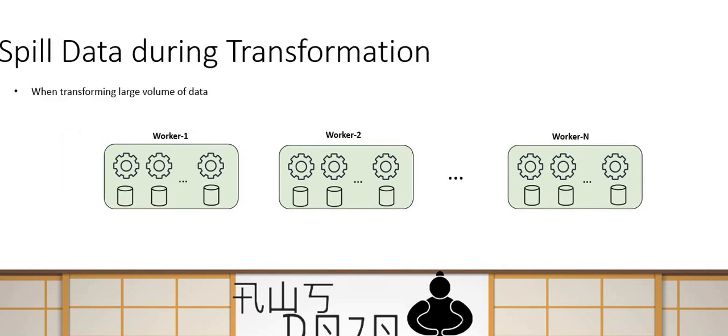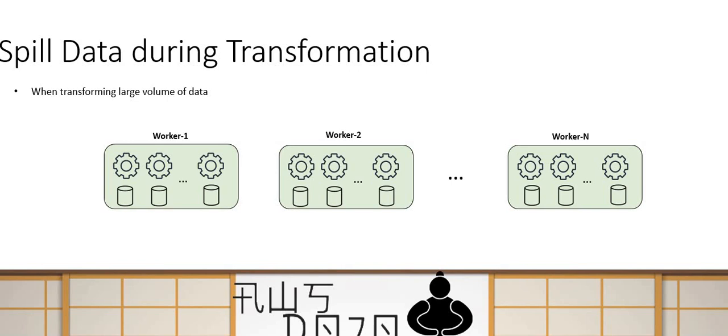Now, as I mentioned earlier, when these executors are performing transformations on a very large amount of data, of course they are doing it in parallel, so each one has got a part of the data to process.